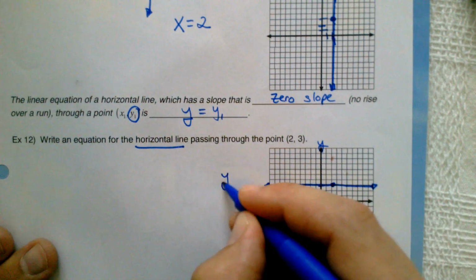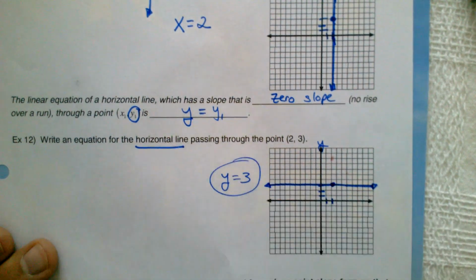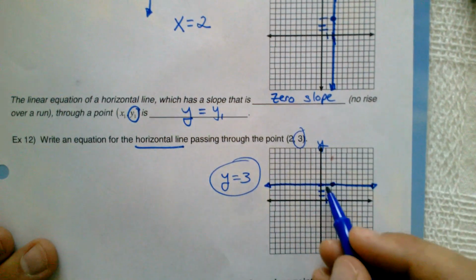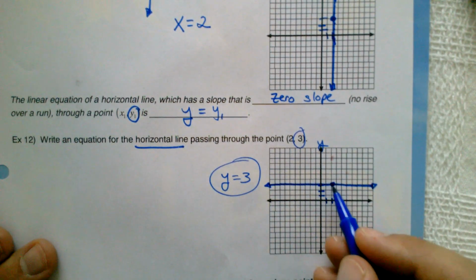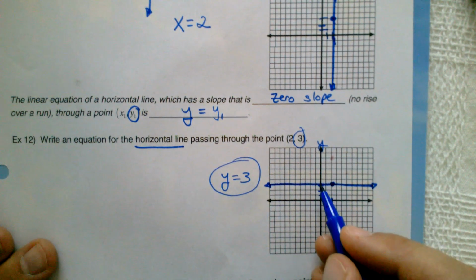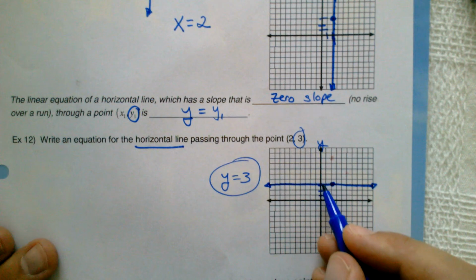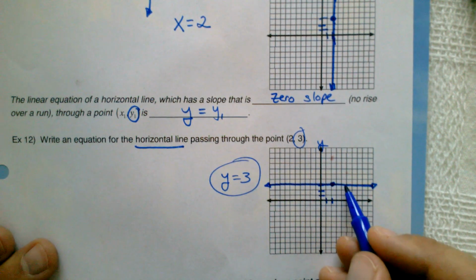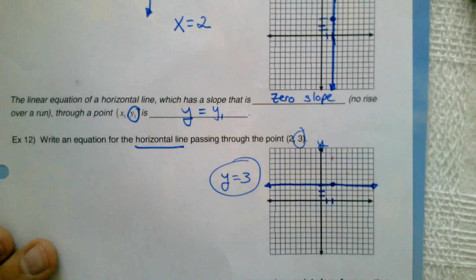This is a y equals 3 equation. So again, it's the y value. The reason why it's the y value, every point on this line has a y value of 3. For example, this is the y-intercept of (0, 3). This is (1, 3), (2, 3), (3, 3), (4, 3), (5, 3), (6, 3), dot, dot, dot.